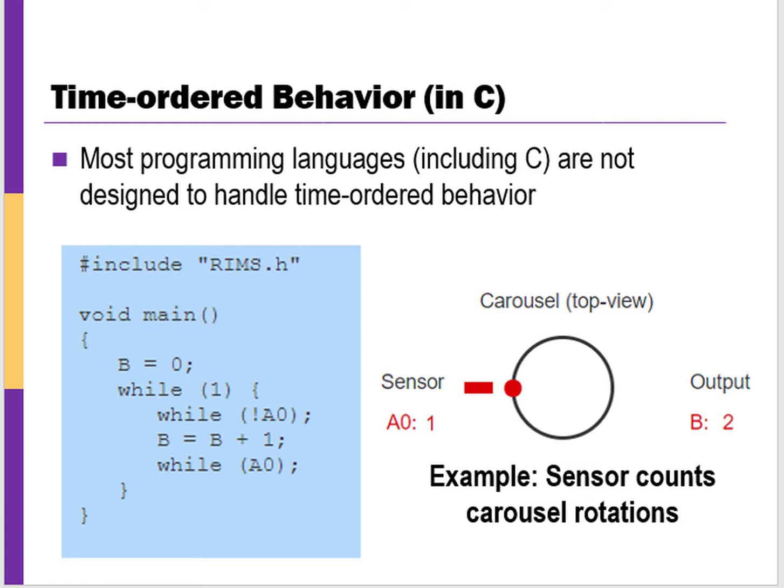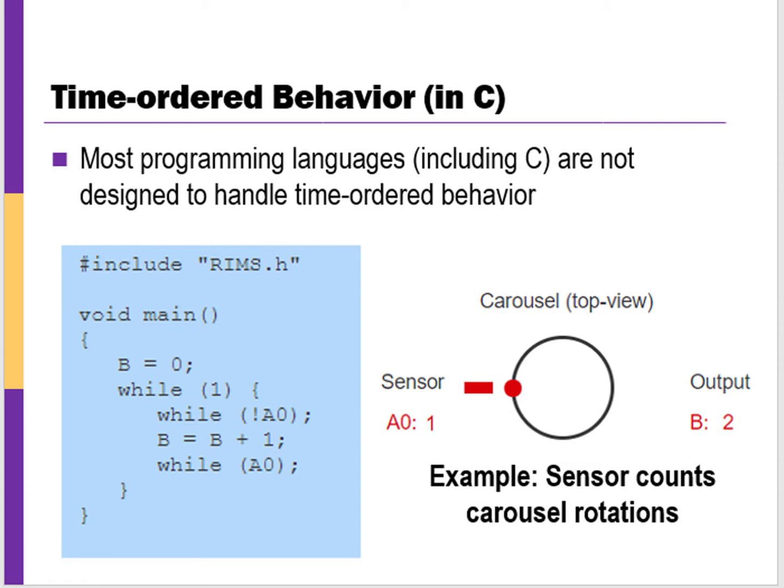So let's imagine we've got a carousel and it's going around and around. We have a sensor here, and our sensor is basically going to count how many times the carousel rotates.